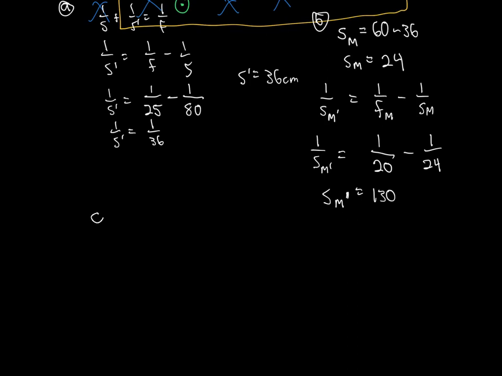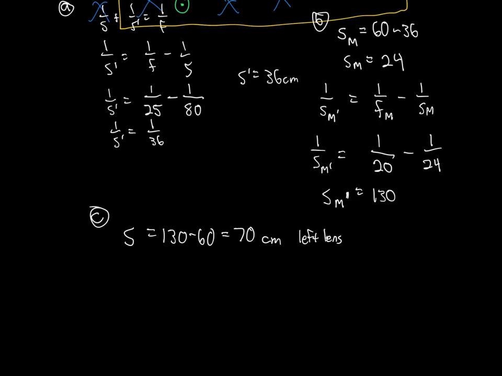So for the final part of this, the final object distance is 130 minus that 60. That gives me 70 centimeters to the left of the lens. I'm now on the left of the lens. What does that mean? Closer to the bulb.